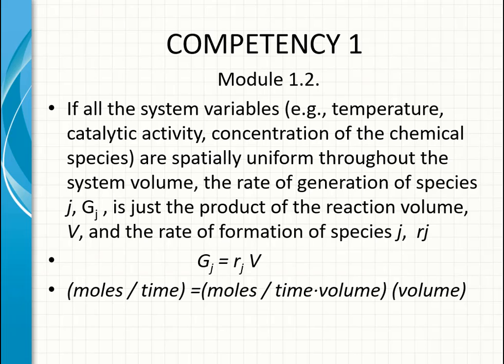So we will have that Gj is equal to Rj times V. The units on the left will be moles per second, and the units on the right will be, for the rate, moles per second per liter, and the volume in liters. So we will have moles per second on both sides of the equation.